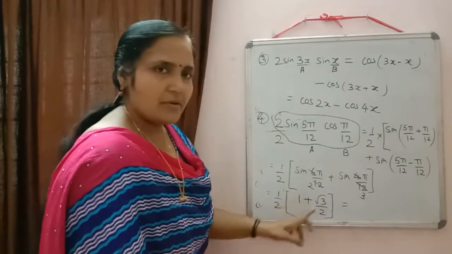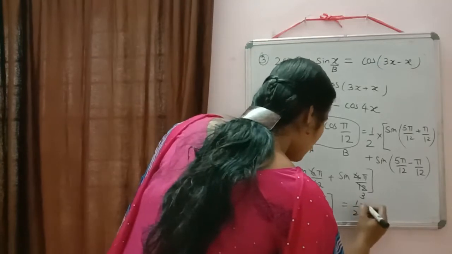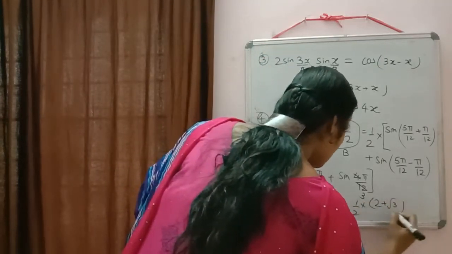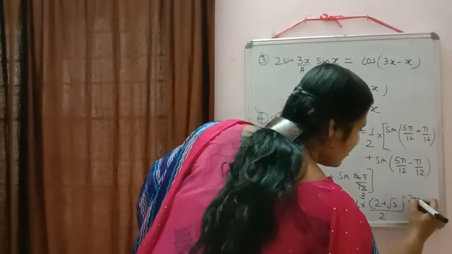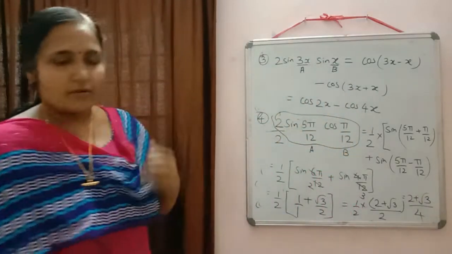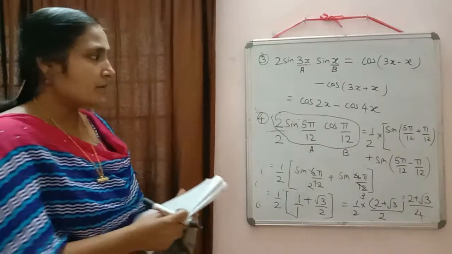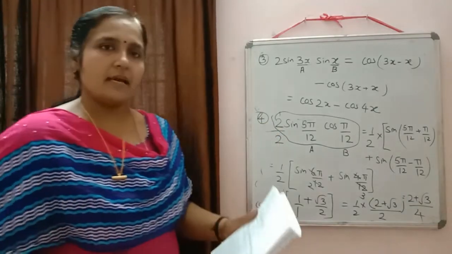If you want, you can do the cross multiplication, then it will be equal to 1/2 into (2+√3)/2. So 2 and 2 we can multiply, so it will be equal to (2+√3)/4. So always to use transformation formulas in the product, 2 should be given. Okay, so we'll do the next question.